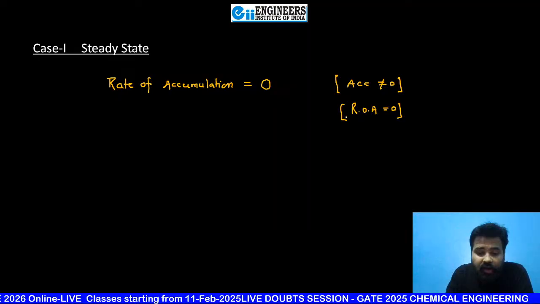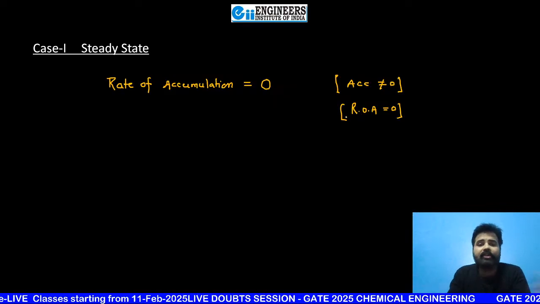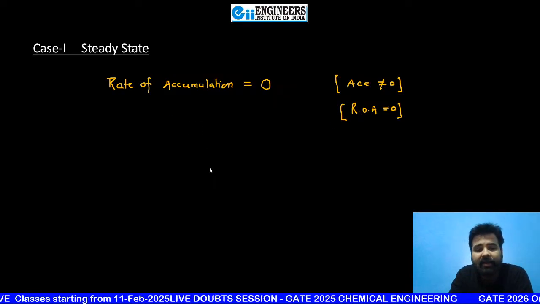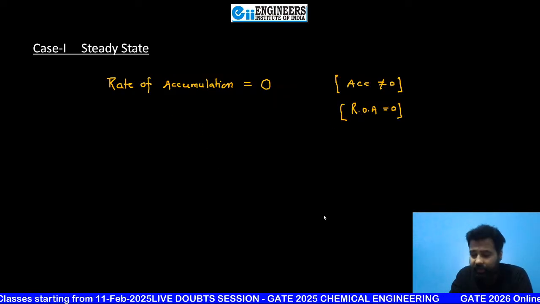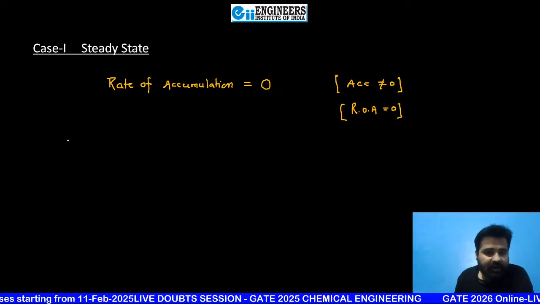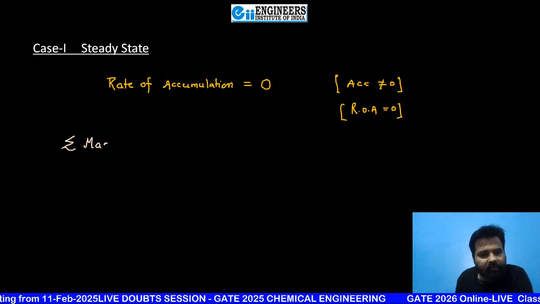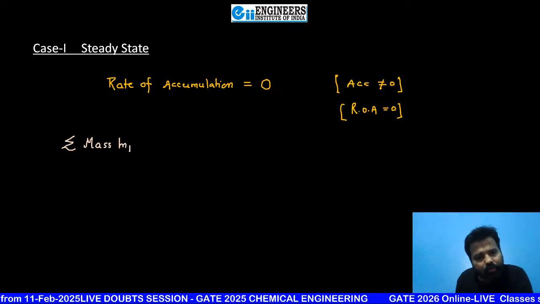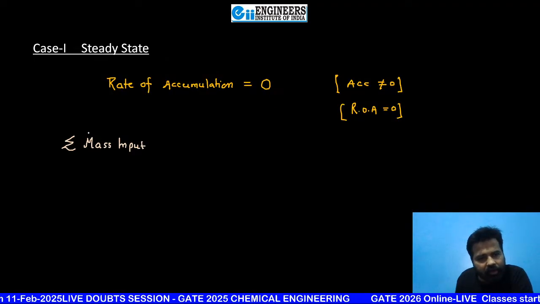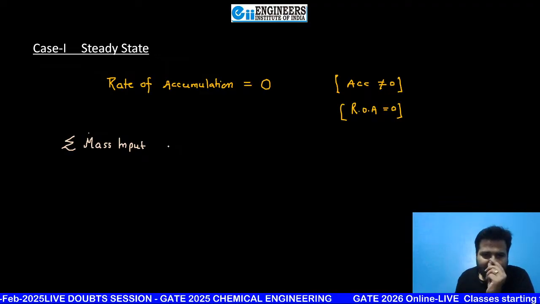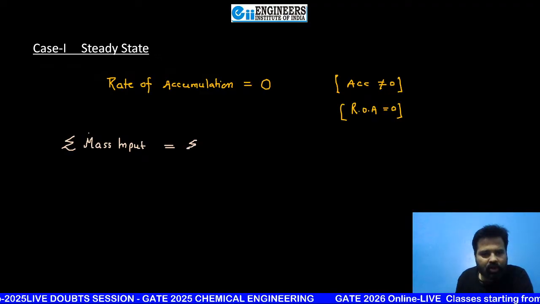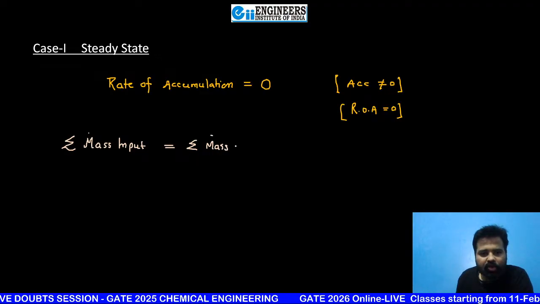Now here, if I want to write the balance equation, then how to write it? Definitely the summation of all mass input, if flow rate is there, so write m dot, becomes equal to the summation of all mass output.